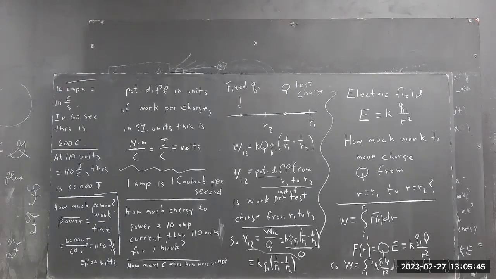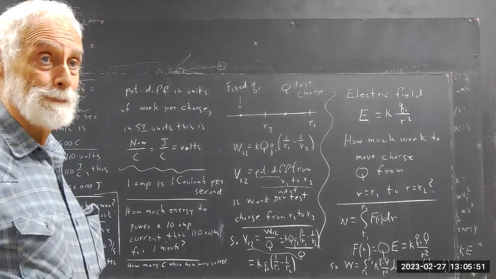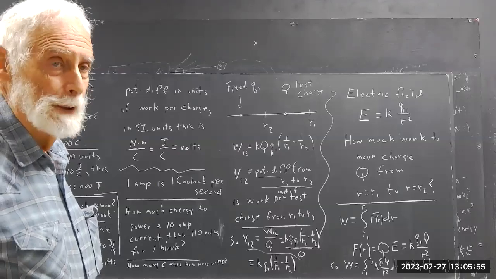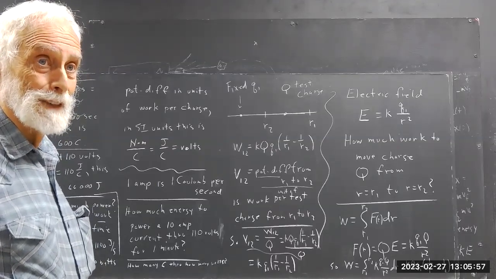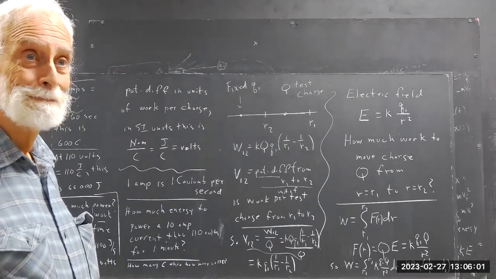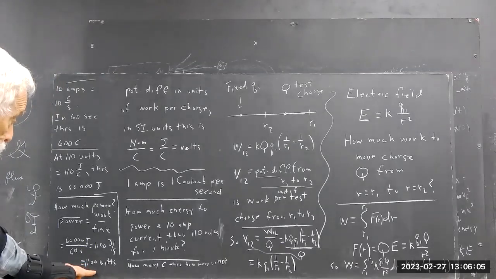How much does the power cost you? Oh, around here, it's something over 10 cents a kilowatt hour. Okay, well, 13 cents. I don't pay that much attention. I know about what my electric bill is, but I don't keep track of it.